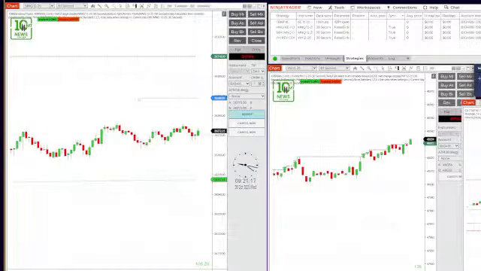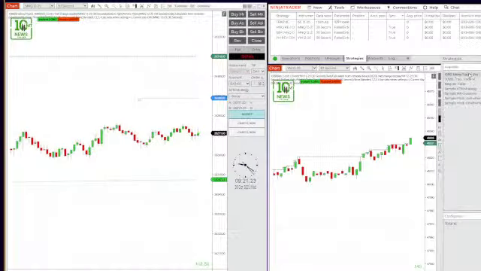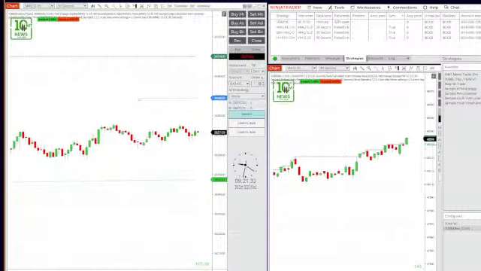Normally, I would also do a reverse continue on the Canadian dollar as well after the trap, right? A couple of contracts, one position, and I would just do a 30 tick target, a 30 tick stop.